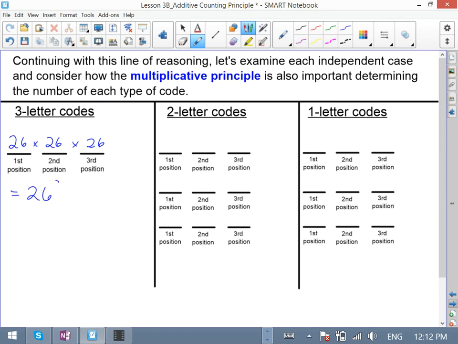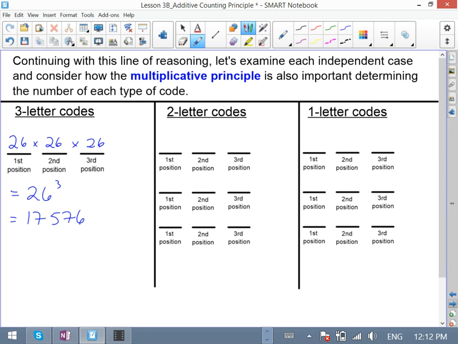If we calculate that, it gives us 17,576 codes. So using letters only in a 3-symbol code, we have just over 17,500 codes.